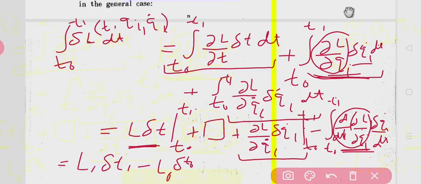What is this one? You know that curl L over curl qi dot is nothing but pi. So it will be pi into delta qi from t0 to t1.